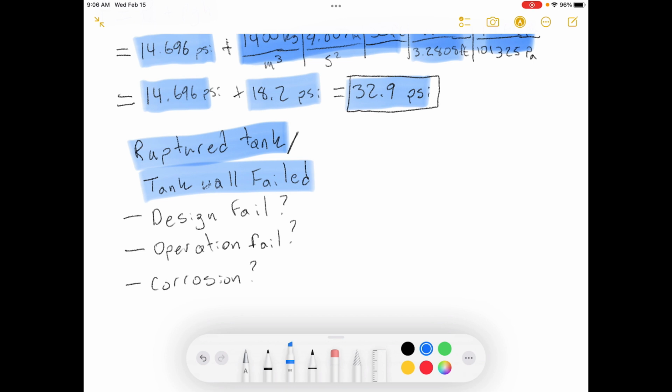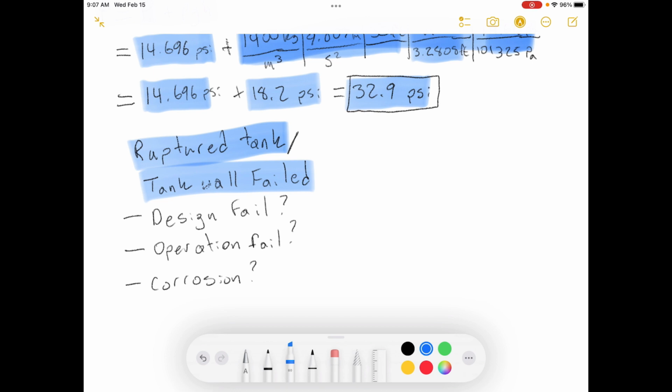So the tank wall thickness maybe wasn't thick enough for the amount of volume that they were putting into it, or maybe the tank corroded over time. I don't know how long the tank was in operation, but if they didn't do regular maintenance or checks on it, it could have failed because the thickness became smaller over time and fell outside of the design criteria.